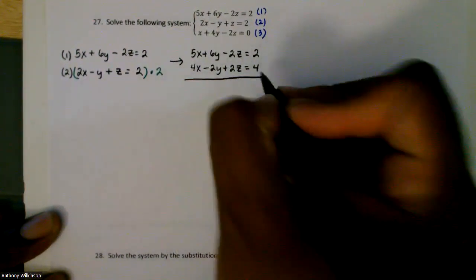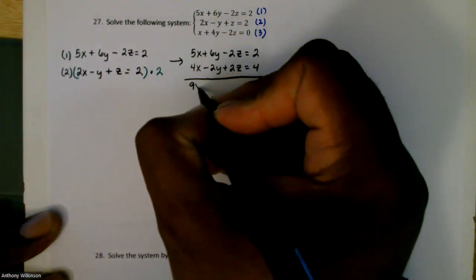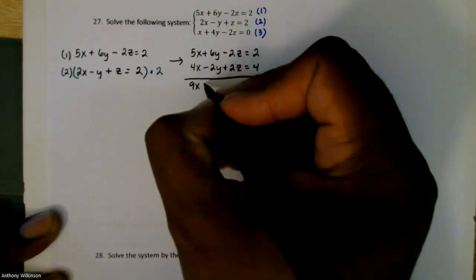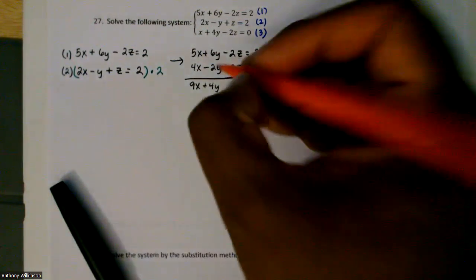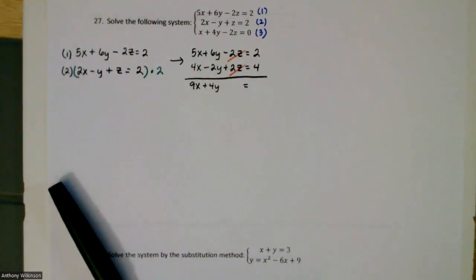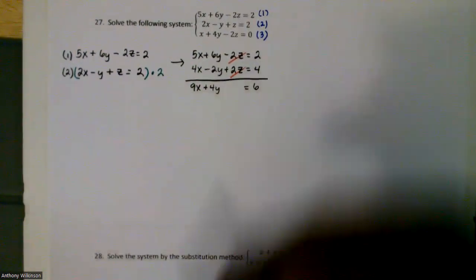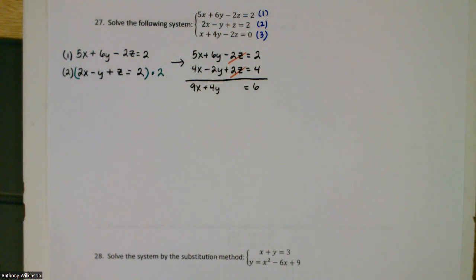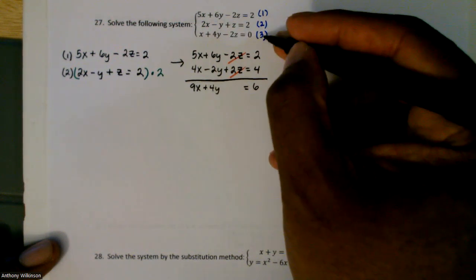Now I'm going to go ahead and add these two equations together. 5x plus 4x will be 9x. 6y minus 2y will be a plus 4y. Equals, now that negative 2z and that plus 2z, that's gone. And then 2 plus 4 would be 6. So I got 9x plus 4y is equal to 6. Now let's work with another set of equations. Let's see, equation 1 and equation 3.